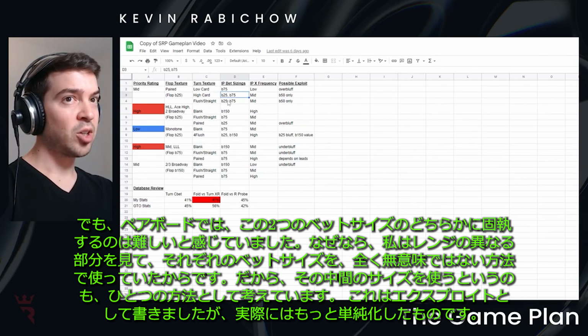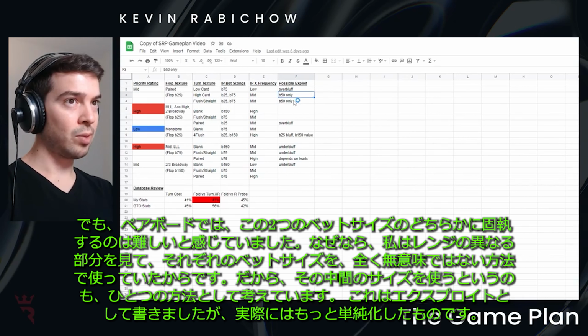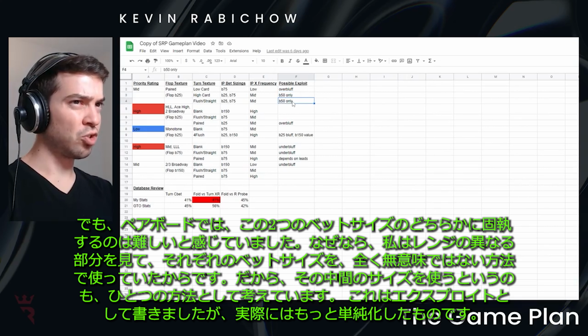But on paired boards, I was finding it hard to just stick to one of these two bet sizes because I was seeing distinct parts of the range using each bet size in a way that wasn't totally pointless. So I would consider using an in-between bet size as a way to, I wrote this as an exploit, it's really more of a simplification.